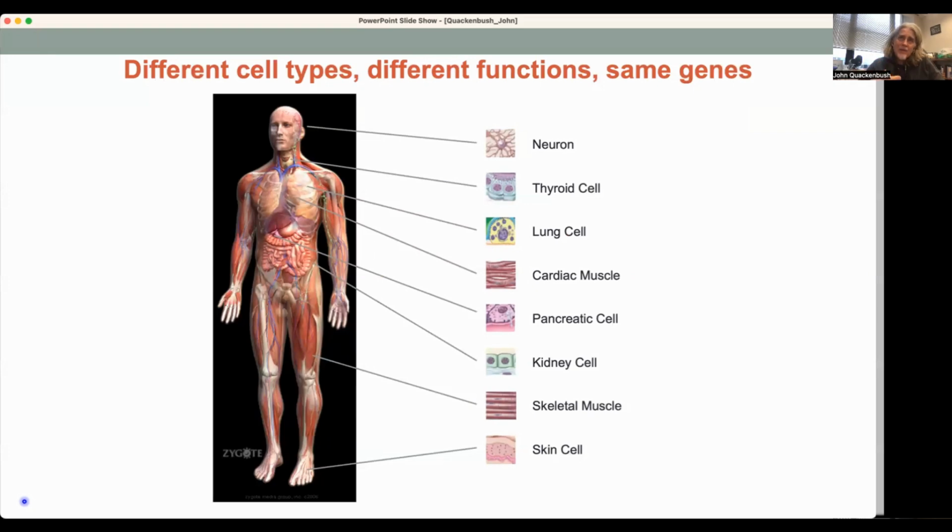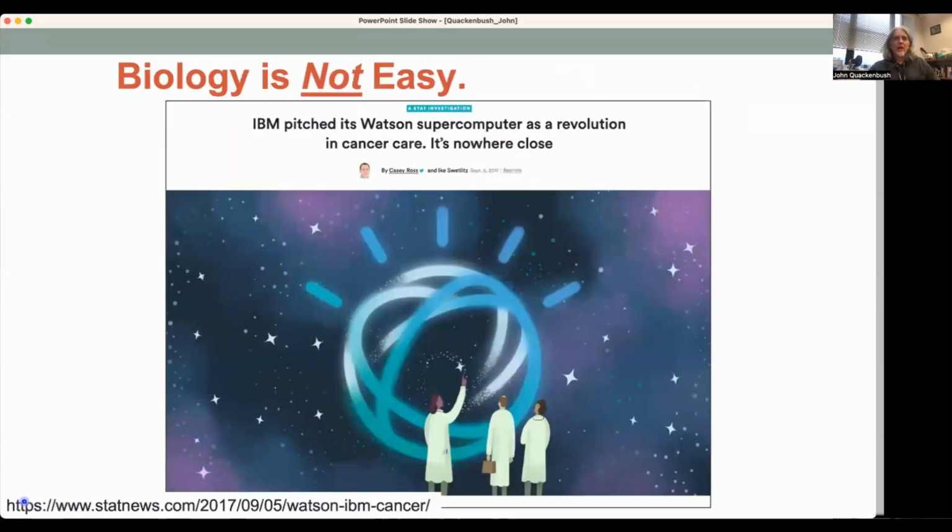So it can't be just the genes, although we know that the genes do play a role in determining our phenotype, but it must be something about the control or regulation of those genes and the way those genes and gene products interact with each other that make cell types different, that make you different from me, but then also distinguish between health and disease. So how do we figure out what those genes do and how to work with them?